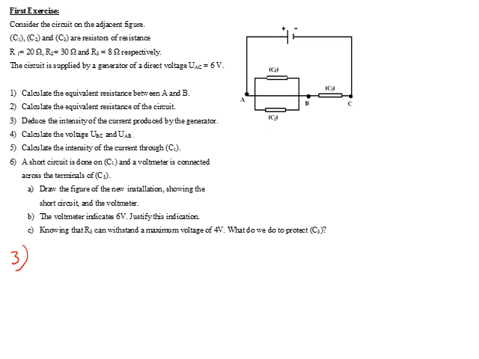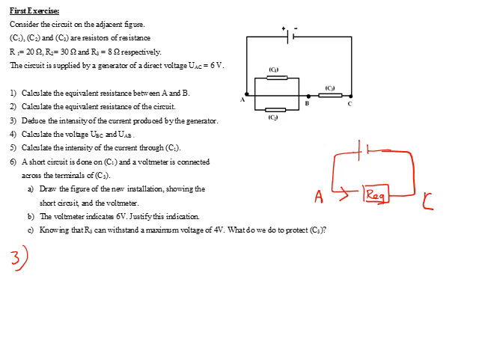Number 3. Deduce the intensity of the current produced by the generator. R equivalent in the circuit, current I, voltage across AC.